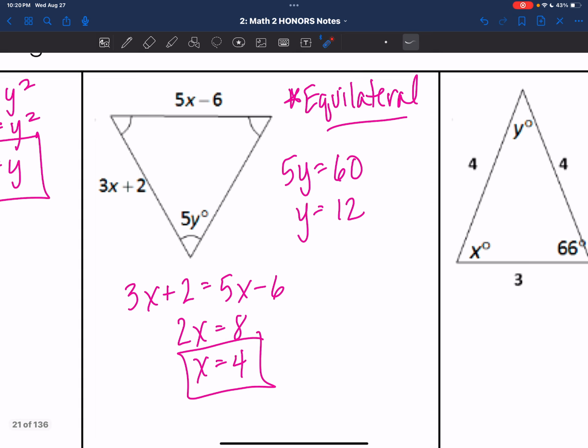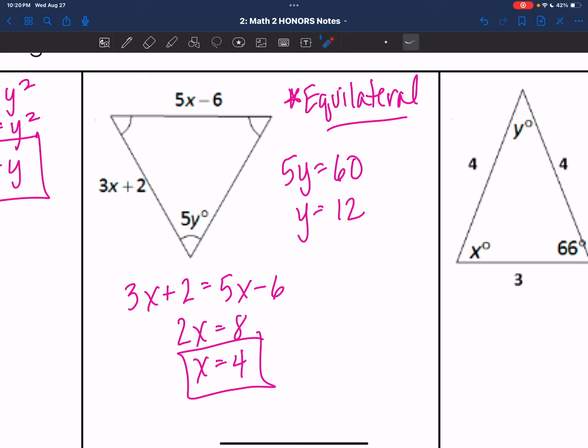All right, on this one, I know it's equilateral because if you look here, all the angles are the same. And if it's equilateral, each angle is going to be 60 degrees. So this is the same as 60, so that's why we did 5y equals 60. So we know y is going to equal 12.